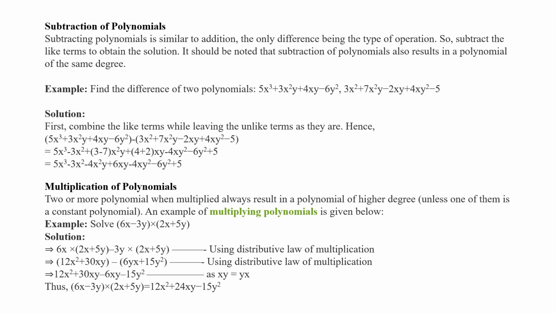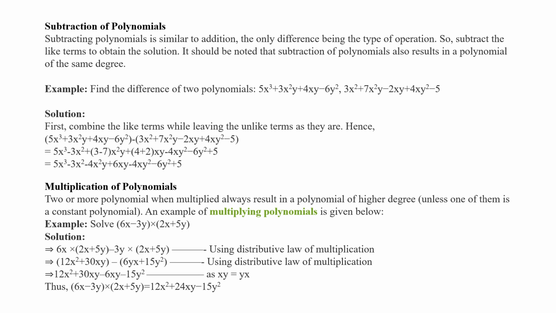And the second term in the first bracket you also have to multiply with the whole second bracket. Suppose 6x is given, so 6x multiplied by 2x plus 5. The second term in the first bracket is minus 3y.